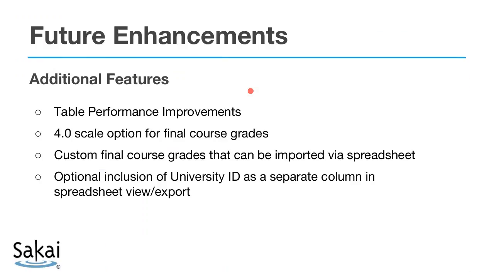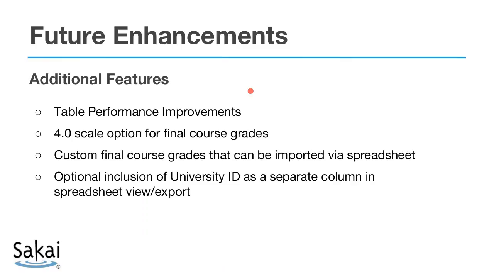Okay, so last point here. I just want to touch briefly on a couple of other enhancements that are coming down the pike. First, the gradebook team is making some table performance improvements, which will be particularly useful for very large course sites. Also, thanks to Notre Dame, we will have a couple of additional features in the system.